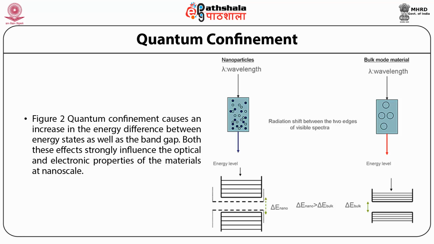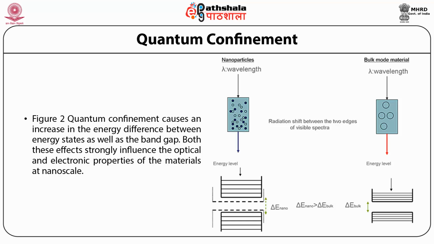Now, if the diameter of a molecule is reduced such that it becomes comparable to the de Broglie wavelength of the electron wave function, it experiences quantum confinement effects.